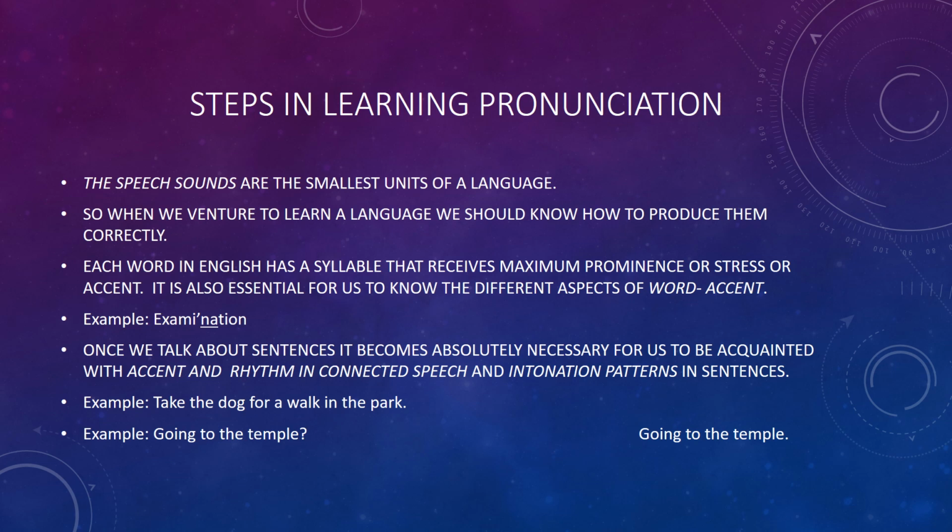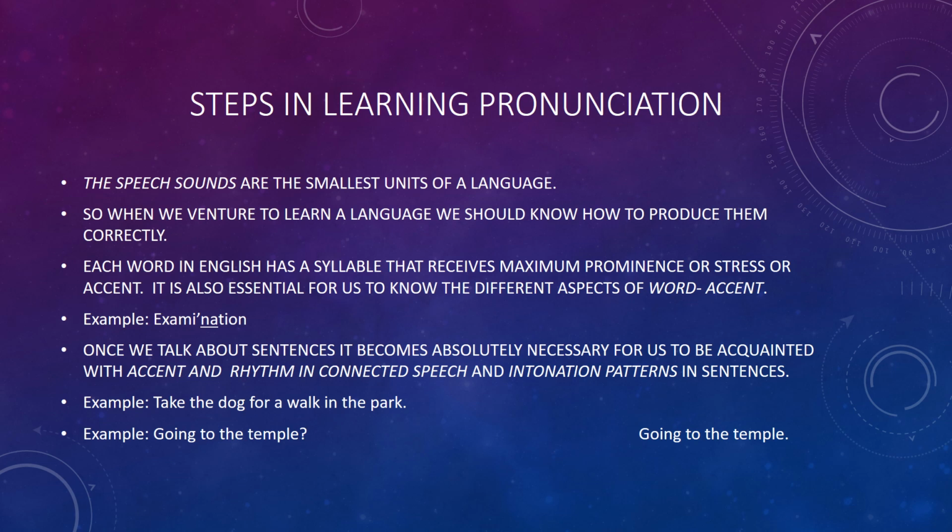The next step is to pronounce the words correctly, and for that we need to know about the word accent or word stress. Each word in English has a syllable that receives maximum prominence, or stress, or accent. It is that syllable which stands out from the rest of the syllables in that particular word.